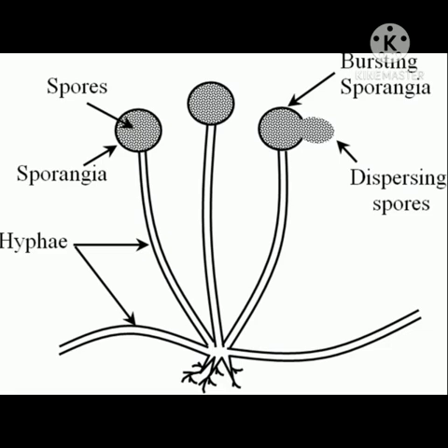Under favorable conditions, the spores germinate into a new plant, and these spores are protected by a hard covering so that they can withstand unfavorable conditions like high temperature and low humidity. So this is how the fungi reproduce by spore formation.